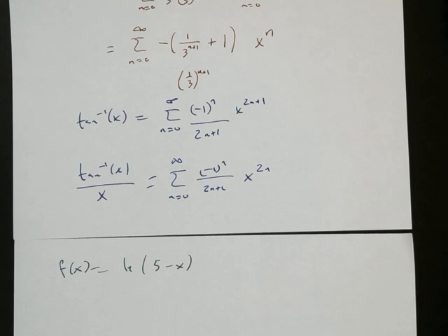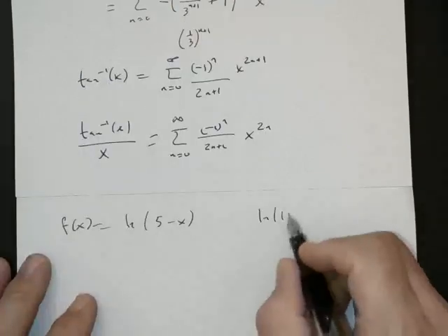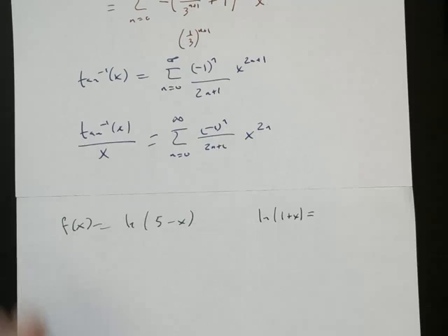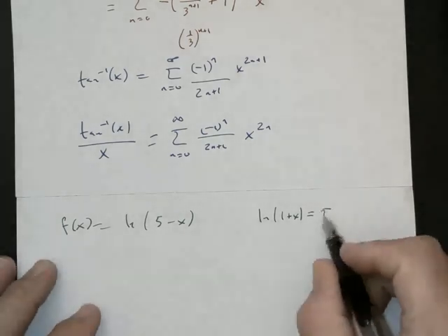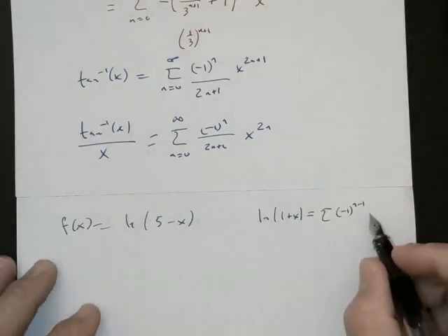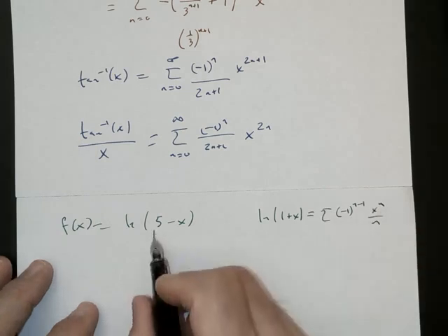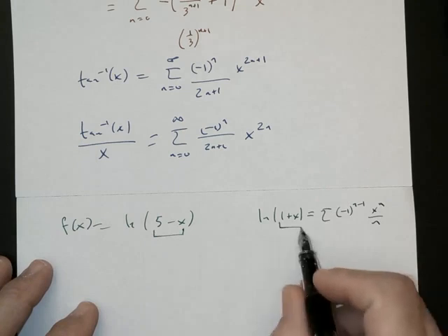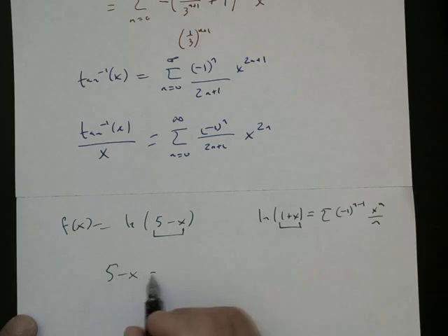So I say to myself, hey, I have a power series for this. The power series I have, though, is ln of 1 plus x. So my question is, can I manipulate this to look like that? 5 minus x equals 1 plus something.